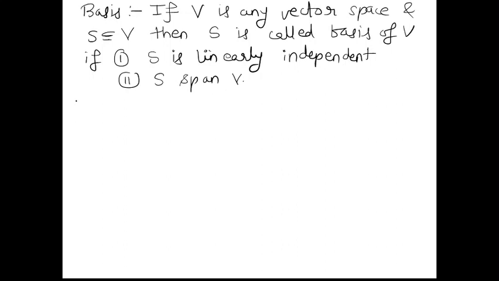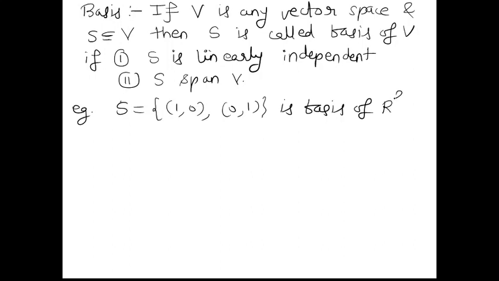A very common example of a basis is the set S equal to, for example, {(1,0), (0,1)}. The set containing (1,0) and (0,1) is a basis of R square, and this basis is called the standard basis of R square.